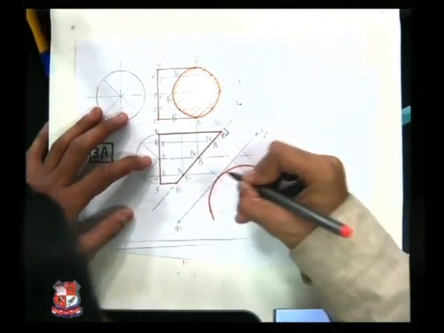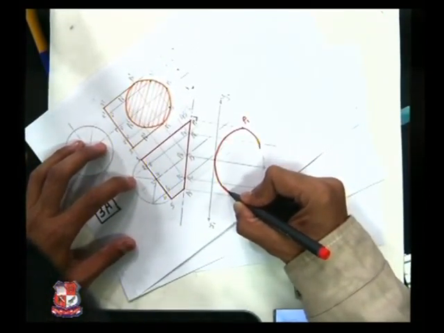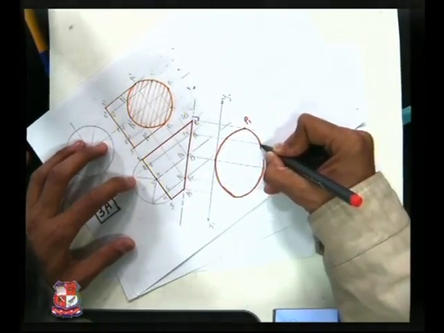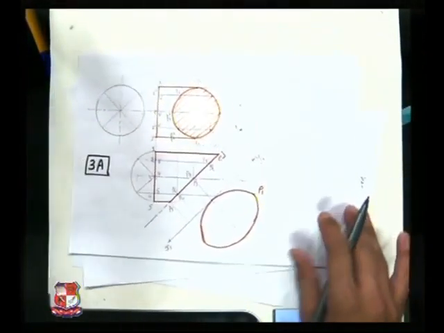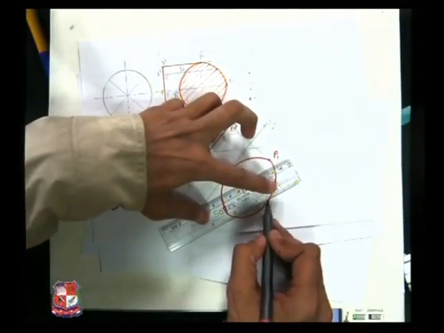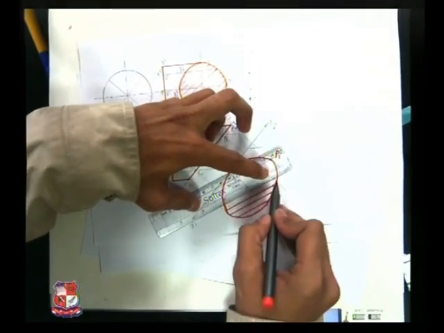It would appear like this. By long practice, you can draw a very smooth curve. Initially it would be difficult for you to draw a smooth curve like this, and here you can draw section lines to show that it's a true shape.